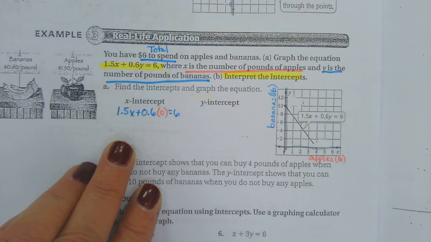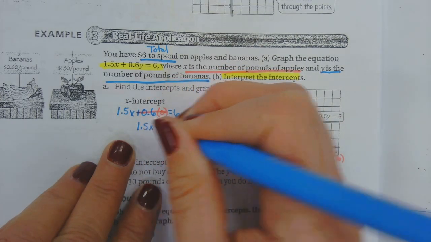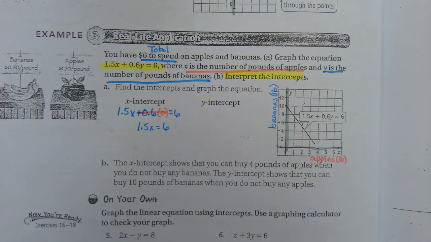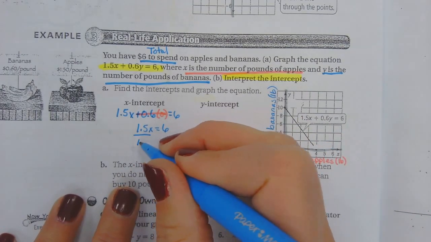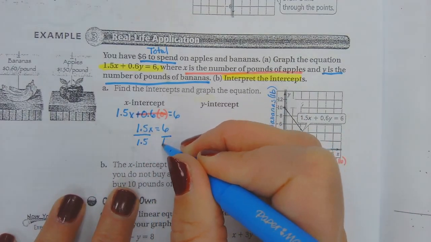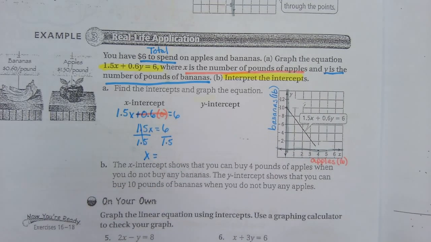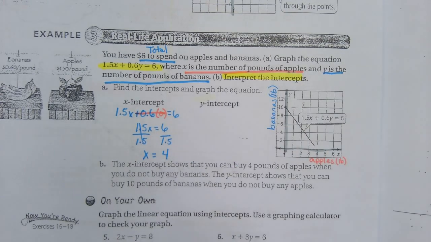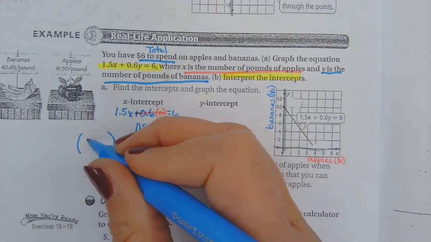So these two we can ignore. So we get 1.5x equals 6. What do we do now? Divide by 1.5. And does anybody know what x equals? 4. Good. 4. So that gives us what ordered pair? 4, 0.